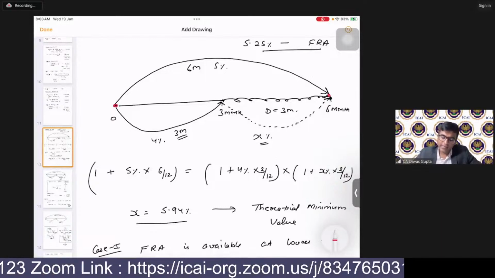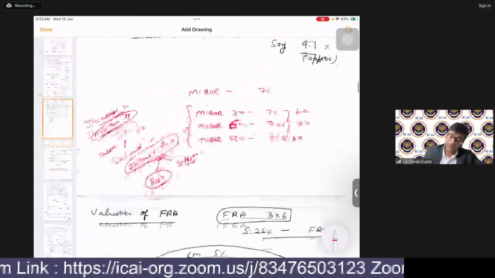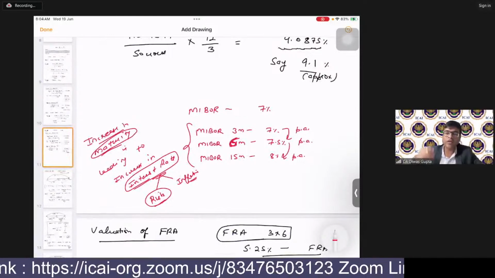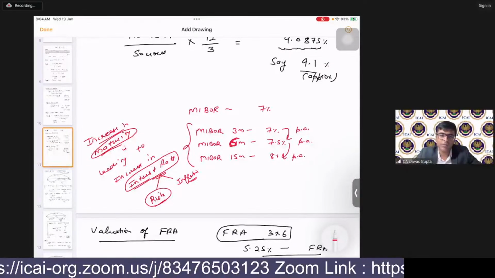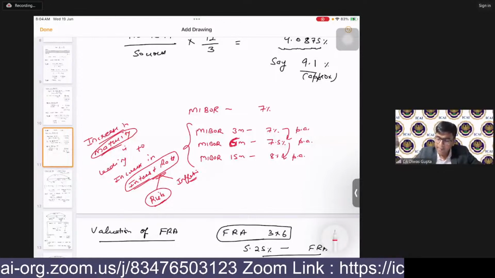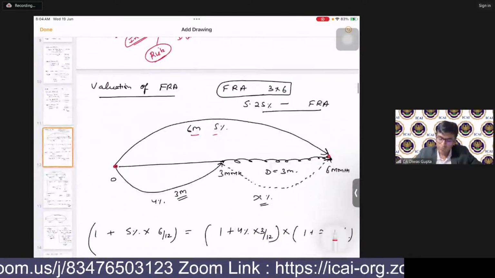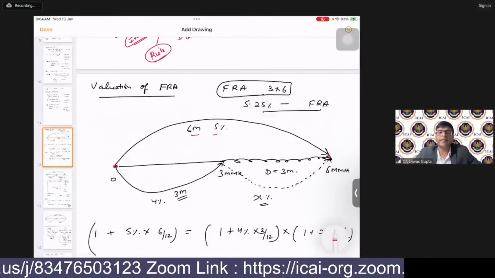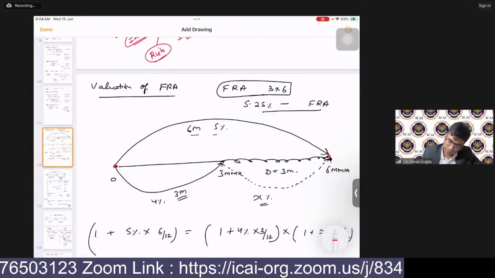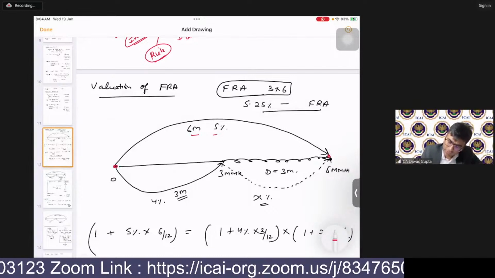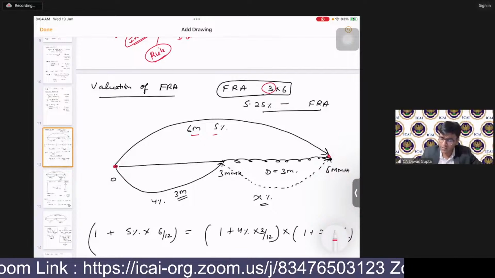As I was saying, sorry, I was saying that the MIBOR will get quoted for different maturity periods. 3 months, 6 months, 15 months. Simple, right? Now, from that, can I say that I have to just take 6 months and 3 months, because my loan will start after 3 months and it will end after 6 months.